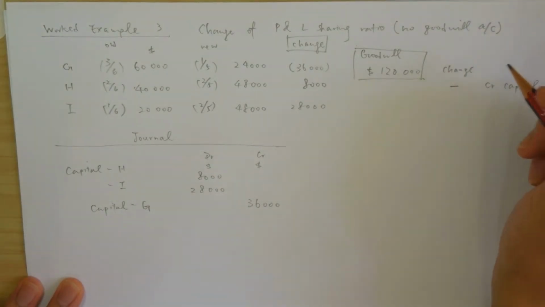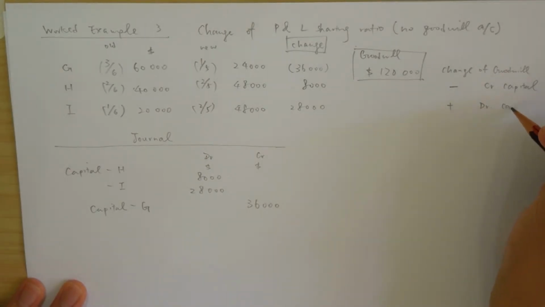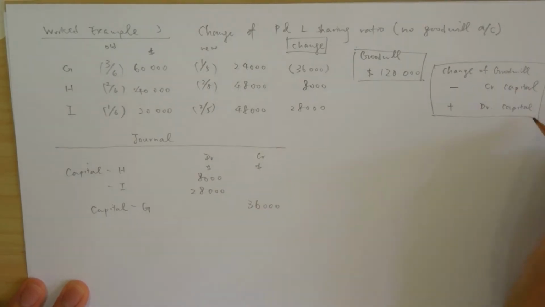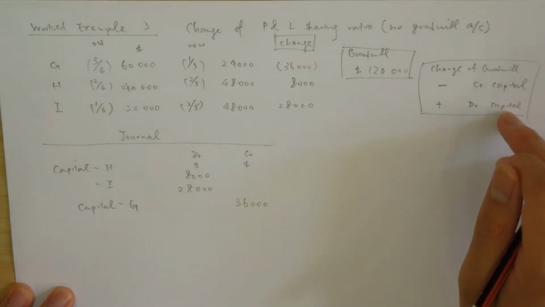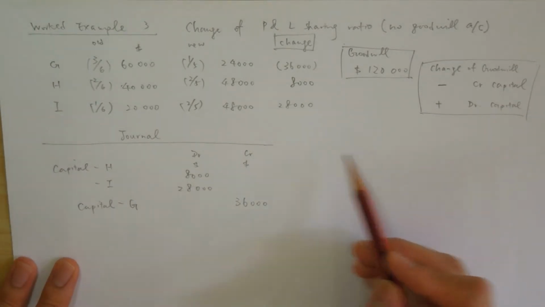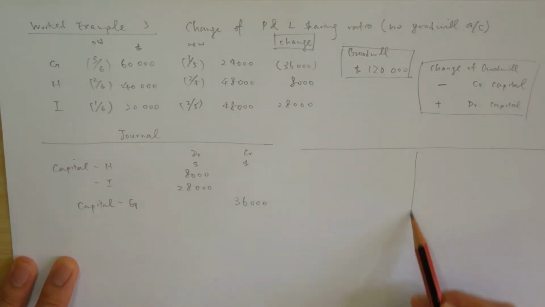If it's positive, then you debit the capital account. Of course, the capital is related to the partners, so we need to do it for the respective partners. Okay, so I will show you the capital account.